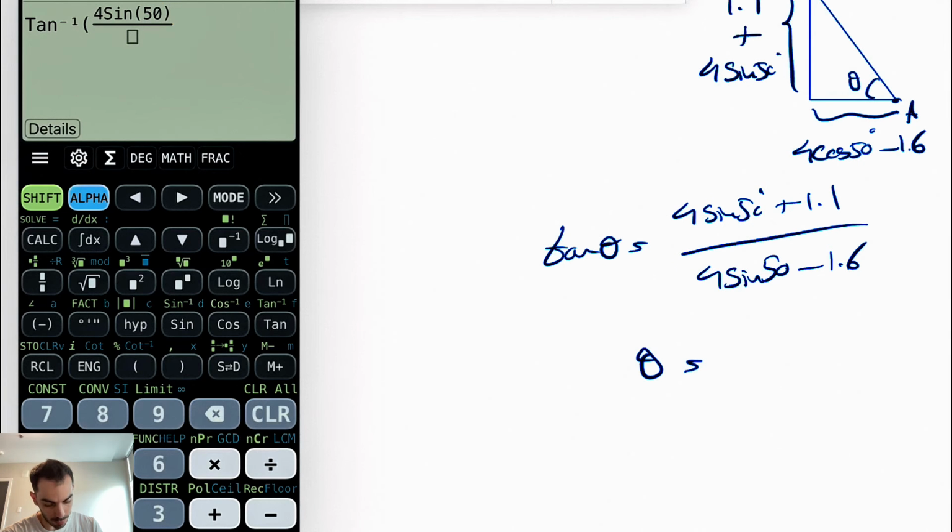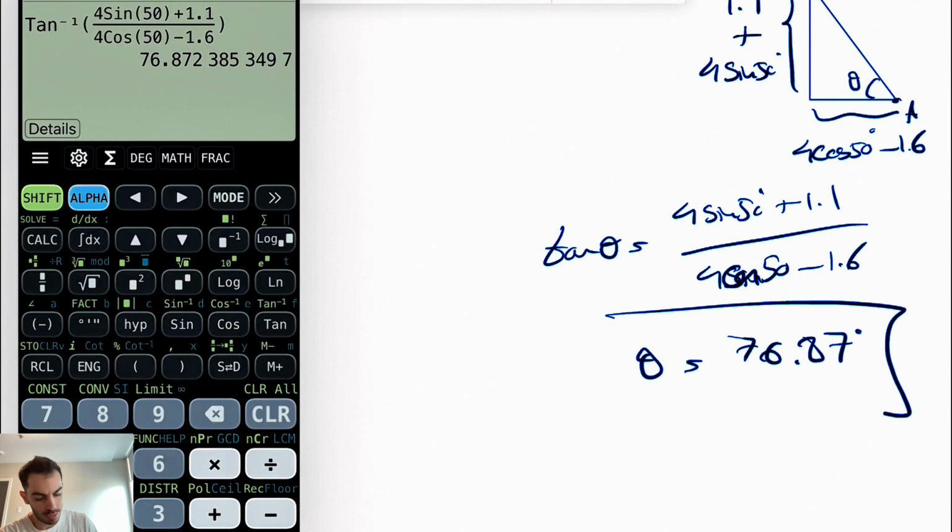So for sine of 50 plus 1.1 over 4 cosine of 50 minus 1.6, and this is going to give us 76.87 degrees.